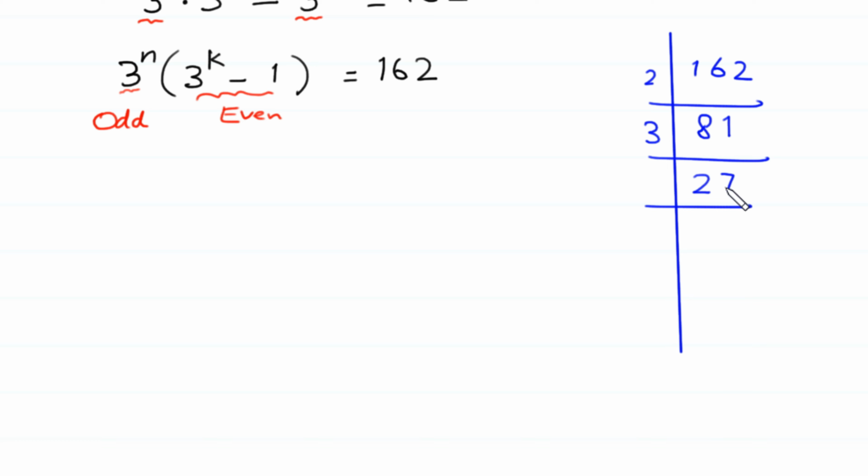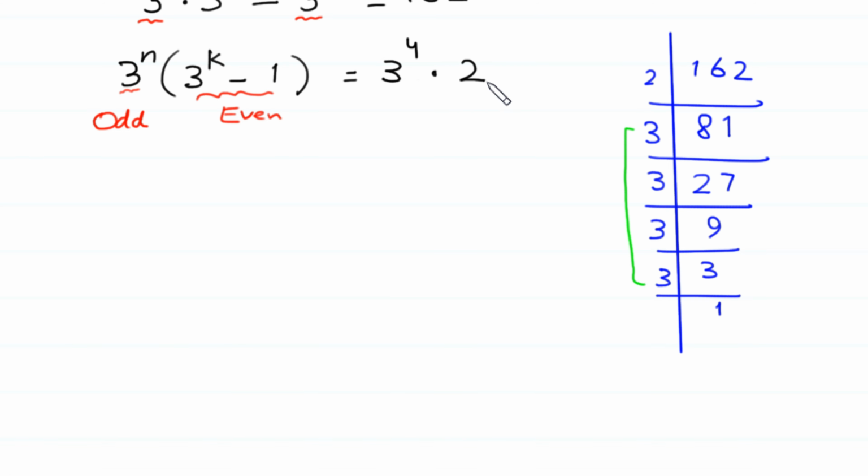Again this number 27 is divisible by 3: 3 times 9 is 27, and 3 times 3 is 9, and 3 times 1 is 3. You can see here 4 times 3. So we can write this 162 as 3 to the power 4 times 2.